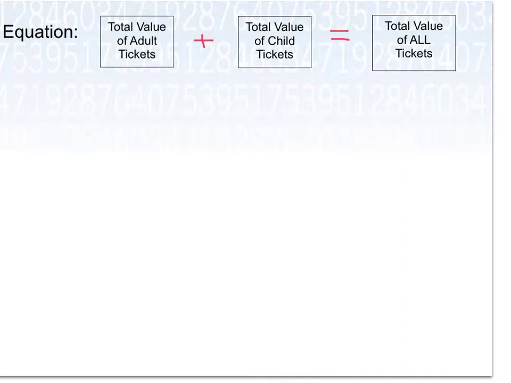Our equation comes from adding the total value of adult tickets plus the total value of child tickets to equal the total value of all tickets.